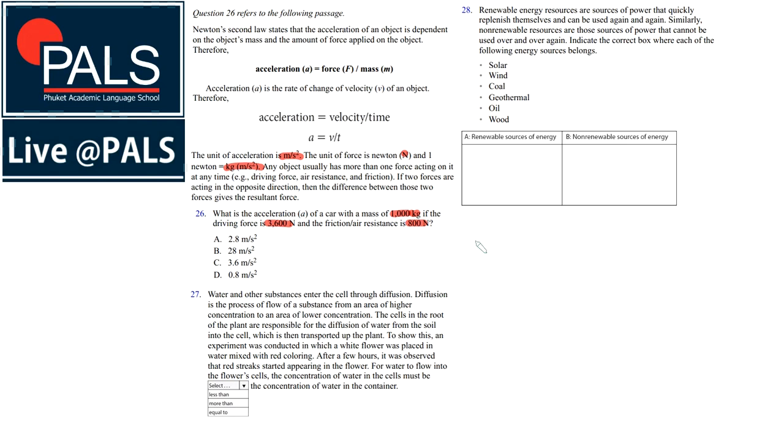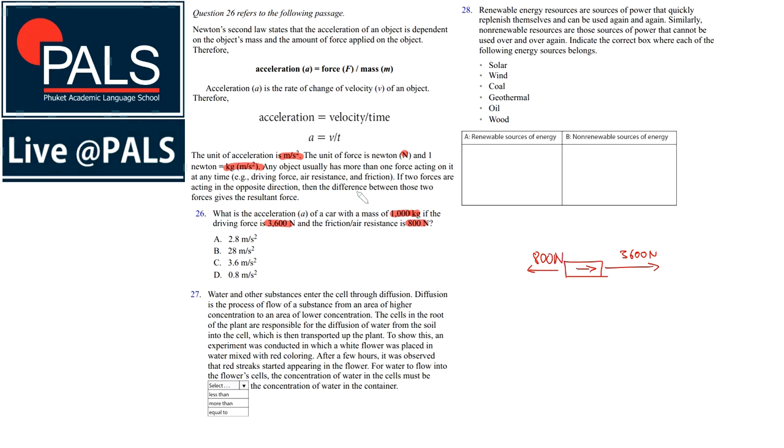So if this is our car here, as represented as a block, then the driving force is moving in this direction, so the driving force goes that way with 3600 Newton, and air resistance obviously acts against that, which is 800 Newton, and friction.